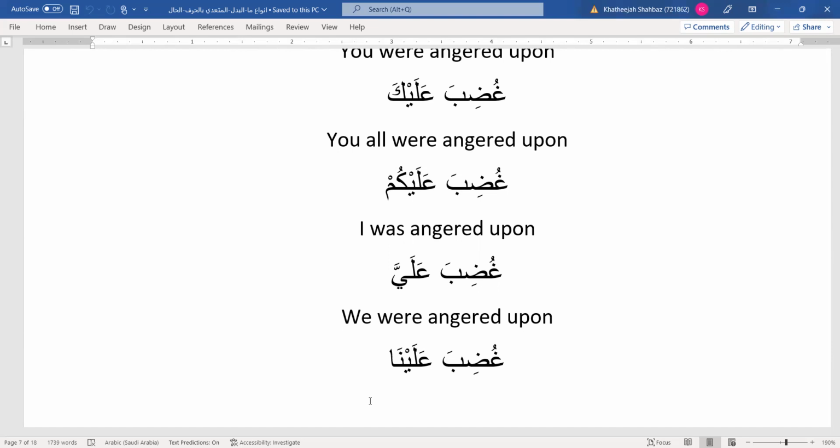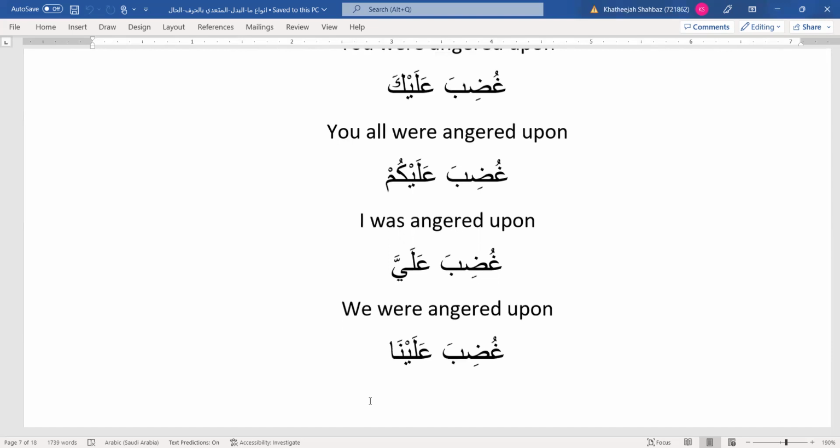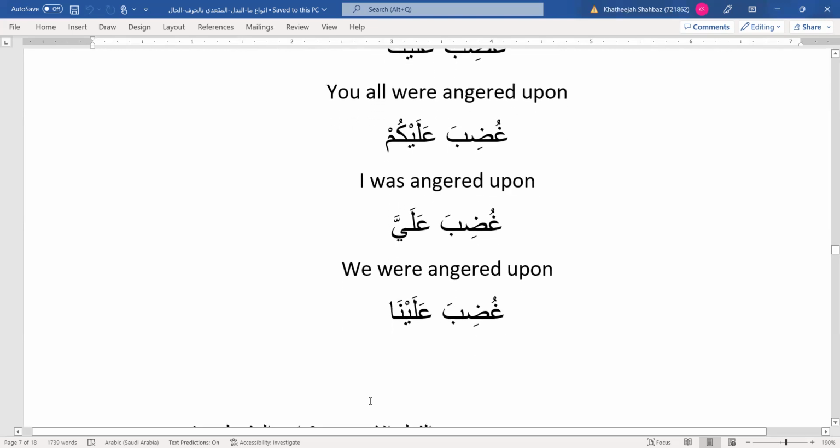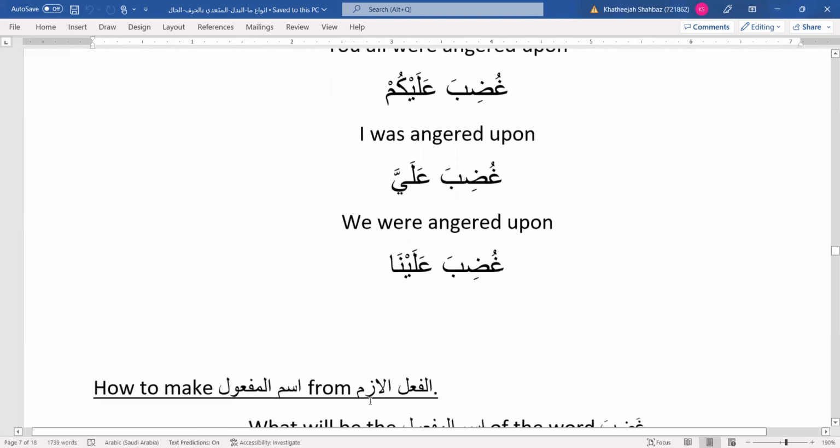And yes, there is a way to make ismul maf'ul also. So we already know how to make passive voice from an al-fi'lul lazim. And now we will learn how to make ismul maf'ul out of it.